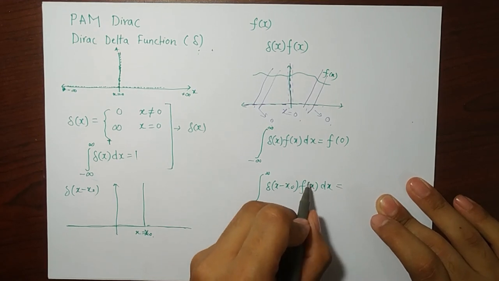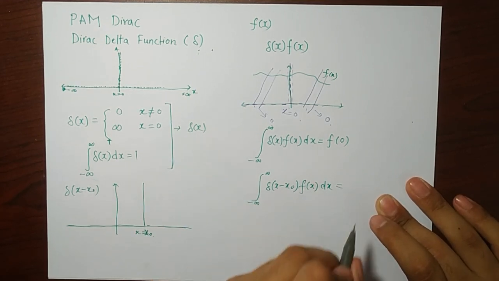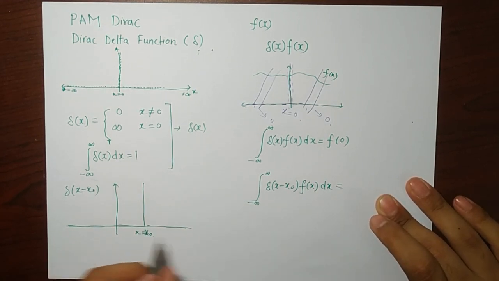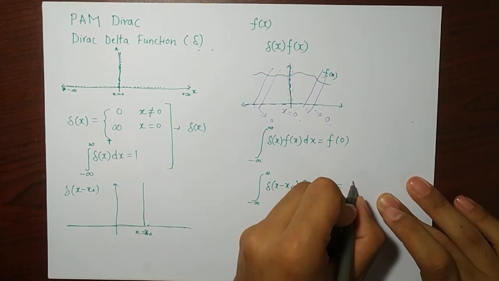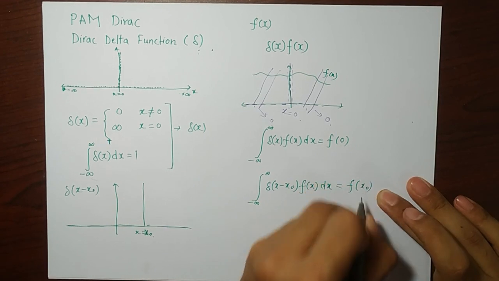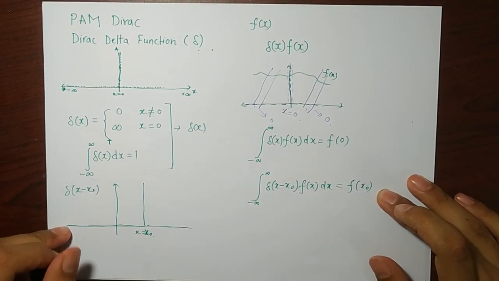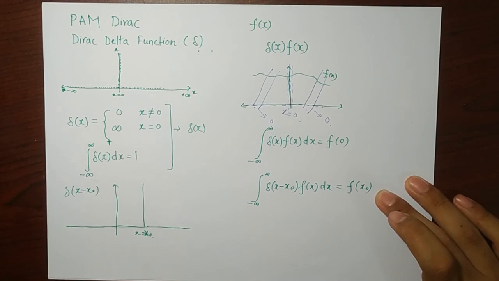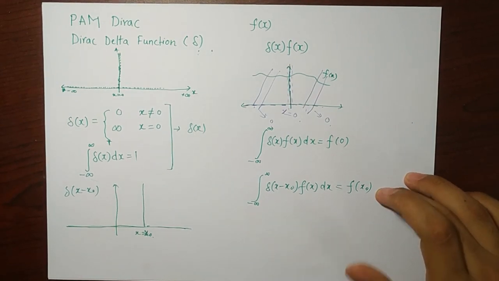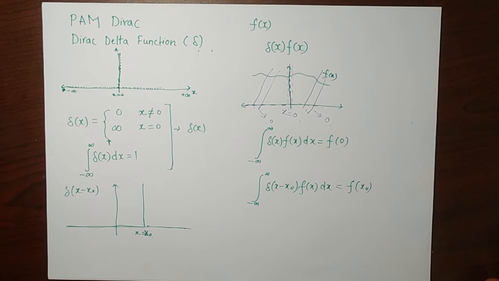Then this integral will take the value of f of x at x equals x naught. So this is f of x naught. Fine. So these concepts will be used later.